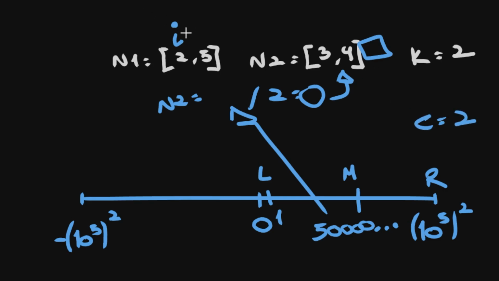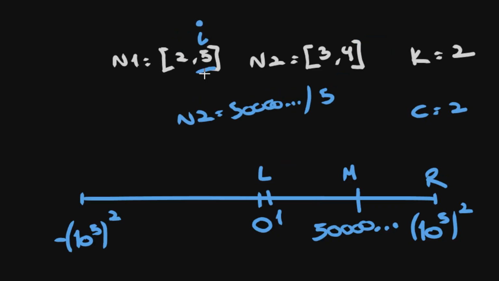Next we iterate the next element, meaning we move the I-pointer here. Now the I-pointer is here, so we are looking for this value, 5 and many zeros divided by 5. And this is also a very big number, so the result of this binary search will be here, meaning we need to add 2 to the count, so the count is 4.